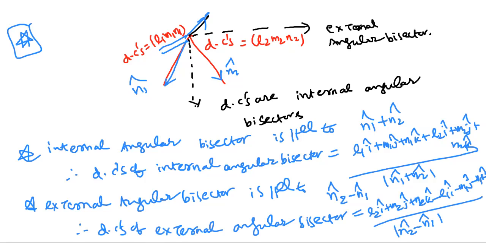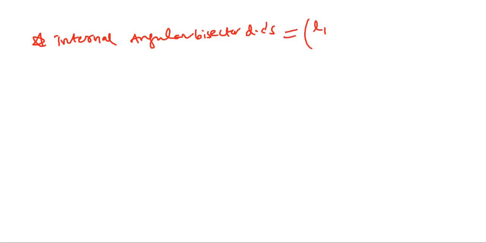In fact, without simplifying, you can directly write the internal angular bisector DC as L1 plus L2, M1 plus M2, N1 plus N2.